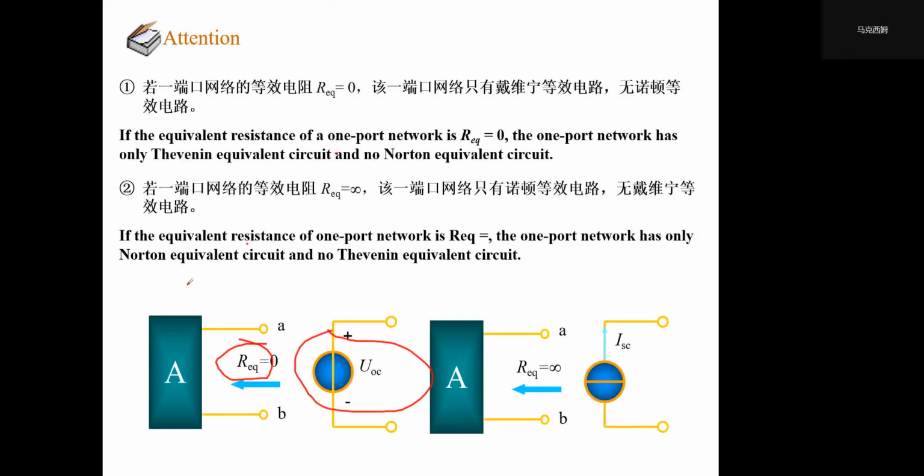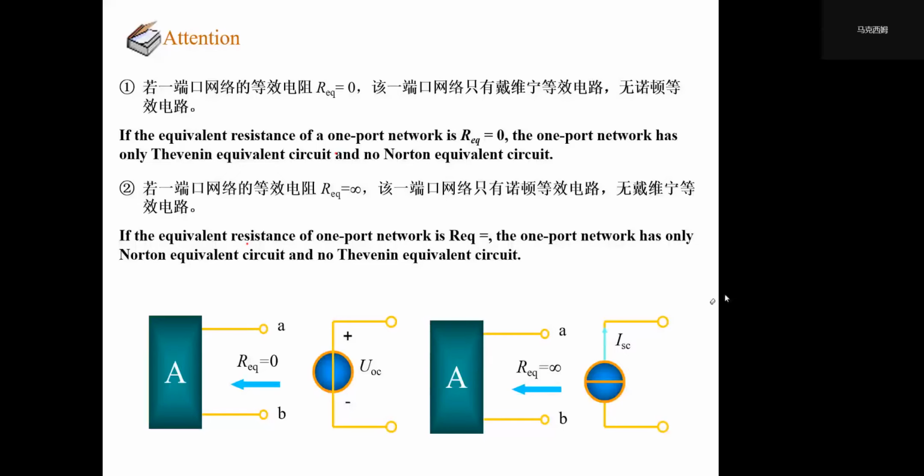So there's two cases. One is the equivalent resistance equal to 0. The other one is the equivalent resistance equals to infinite.